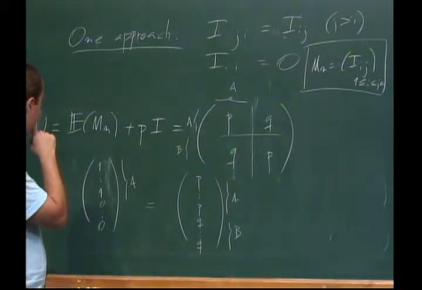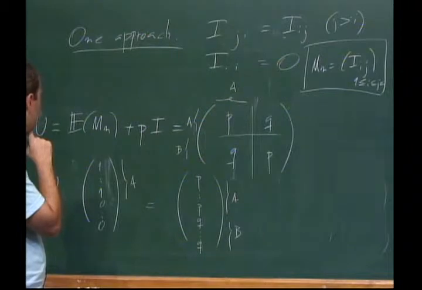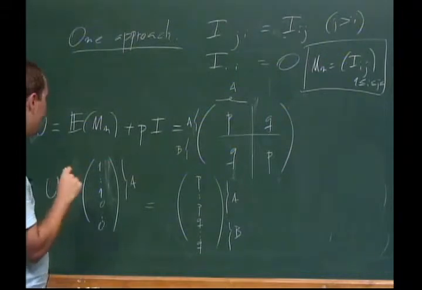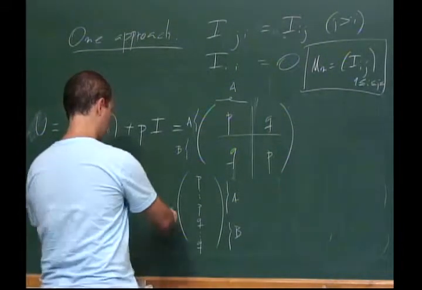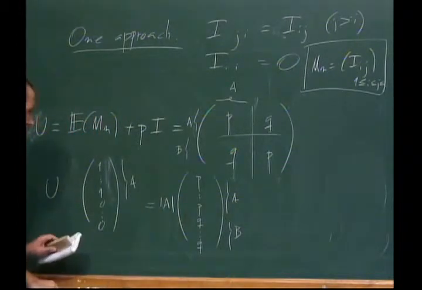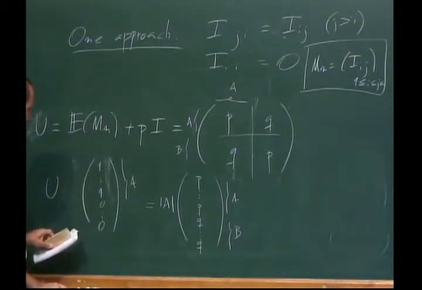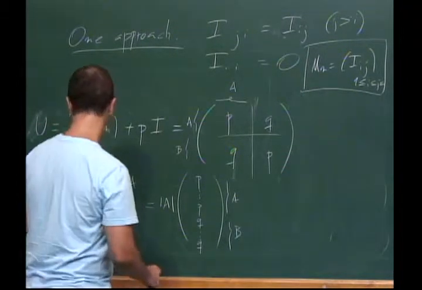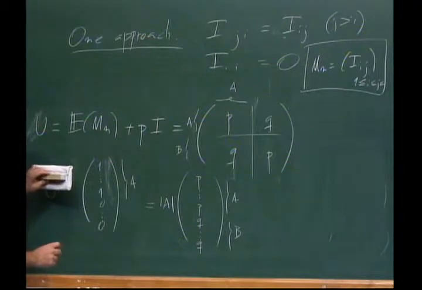Or am I forgetting something? No, I'm missing a constant here. I need to have the cardinality of A here. So maybe it's easier if I do just, what should I do? Yeah, that's right. Let me look at it like this. No, okay, this is fine.